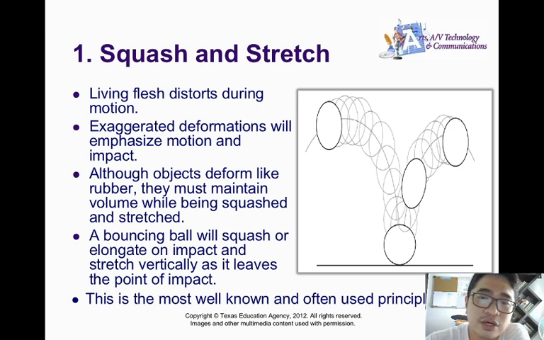So this is the most well-known and often used principle. Kumbaga, you should follow the laws of gravity, and at the same time with some exaggeration, just like a simple bouncing ball, dapat makita nila yung pag-stretch niya at saka yung pag-deform niya when it hits the ground.